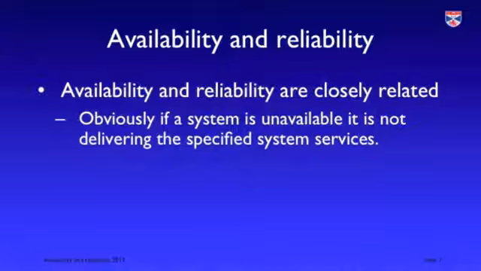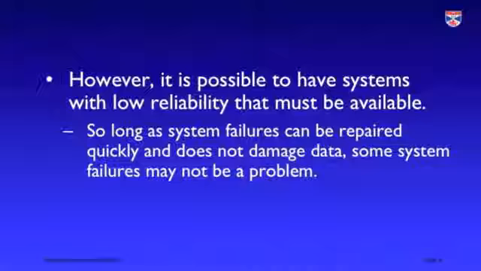It's obviously the case that availability and reliability are related. If a system is not available, it's obviously not delivering its services correctly. But in fact, it's usually helpful to think of these separately. It's actually possible to have a system with high availability requirements, that is, to deliver services when requested, but low reliability requirements, so that it may frequently fail.